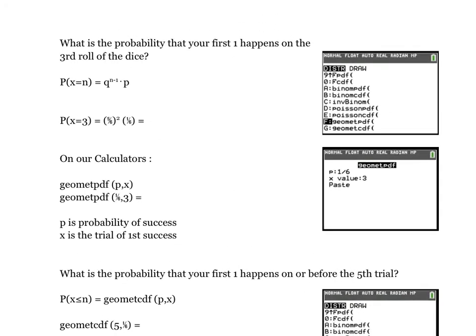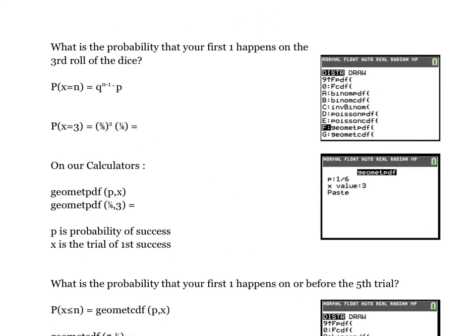Now, we have some other situations that we can ask questions about. Instead of just, when would I get the first success and what's the standard deviation, I can ask questions like this. What's the probability that your first one happens on the third roll of the dice? Well, think of the 3 rolls, okay? I want to get my success on the third roll, which would have a 1/6 chance.